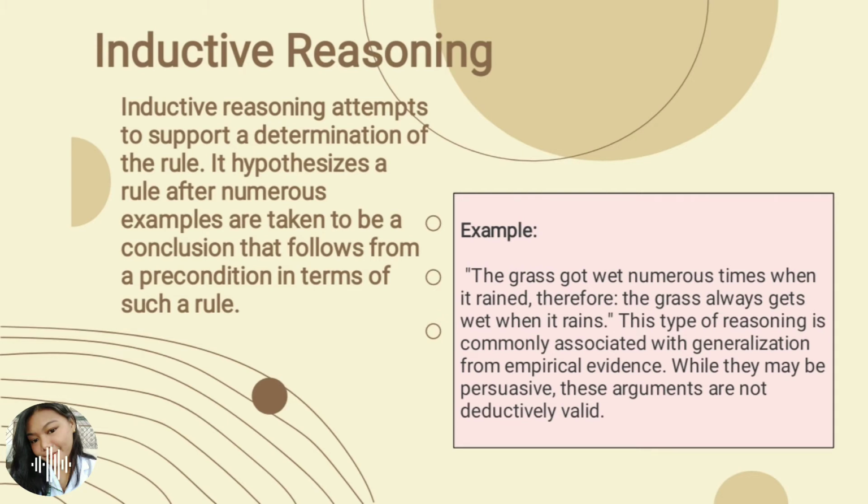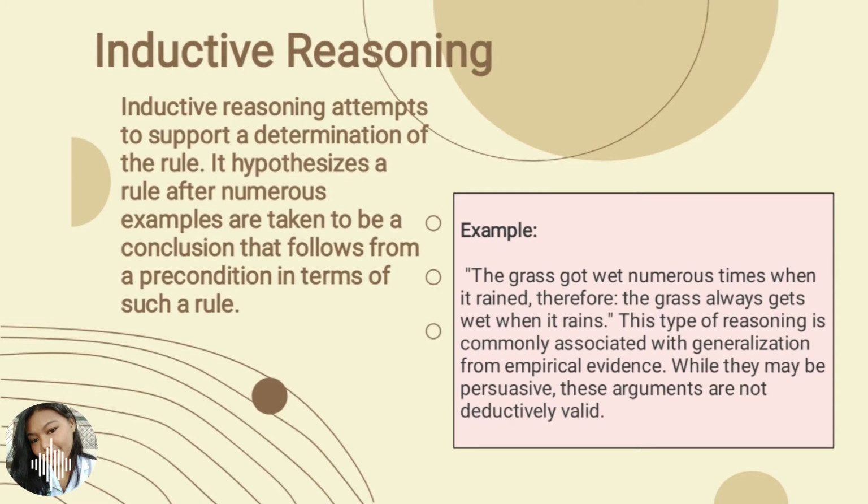So, to summarize deductive and inductive reasoning: when we say deductive reasoning, the premises and the conclusion are both logically true or realistically true because it came from a general argument to a specific conclusion.